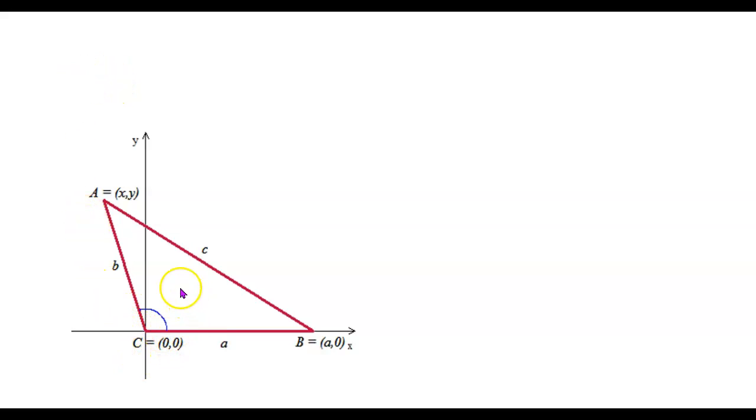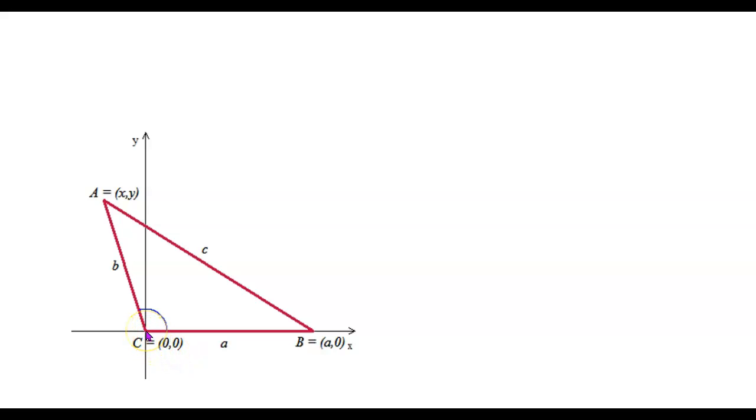So take your triangle and set it in the xy plane so that vertex C of the triangle is sitting at the origin, and then the side of the triangle that connects C to B, so that would be the side across from angle A that we would call side a, is lying on the positive x-axis.